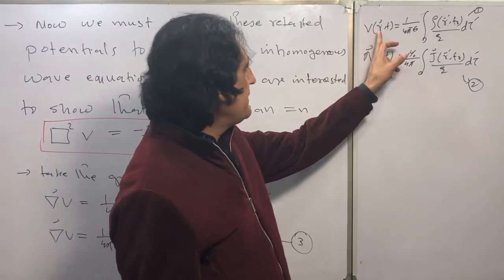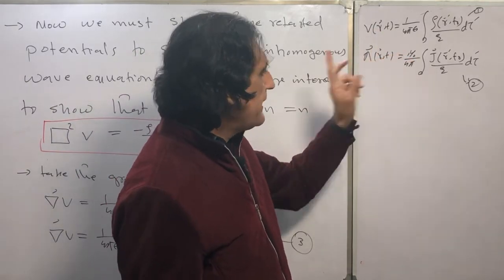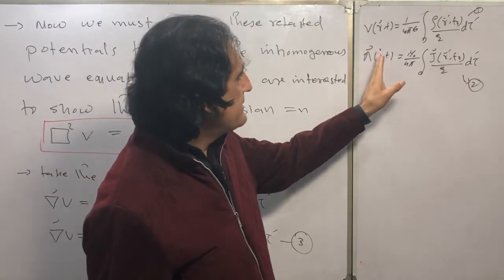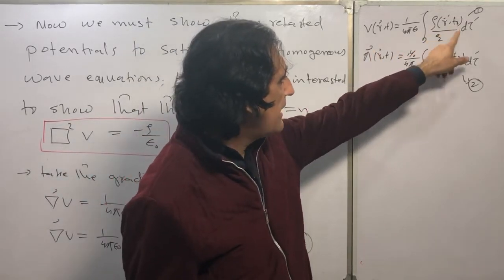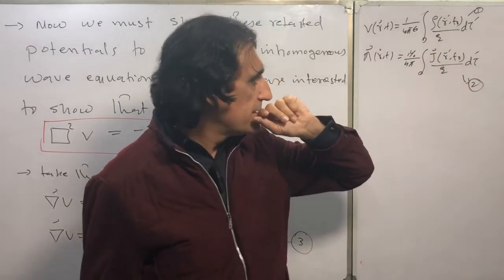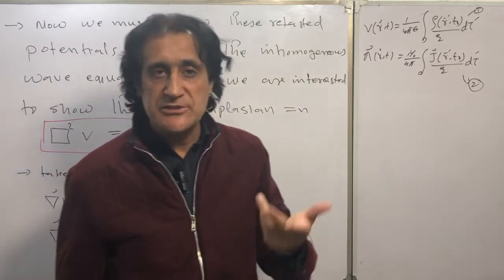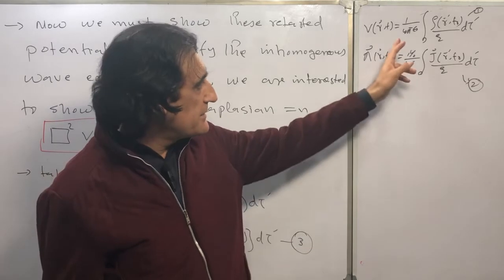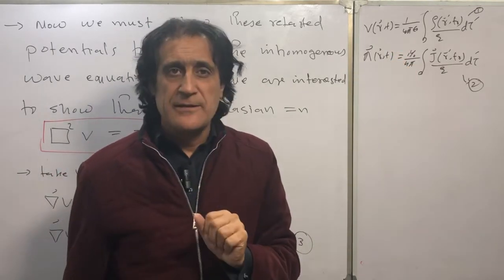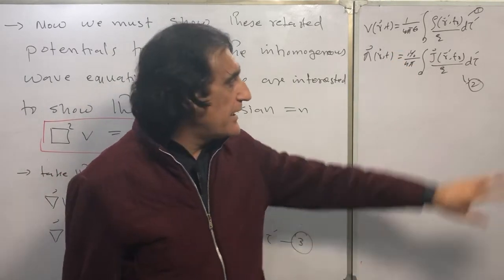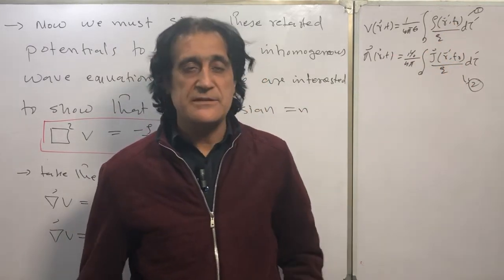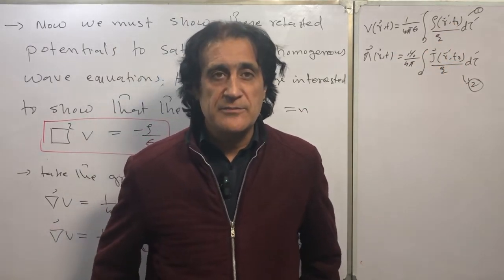Here V and A are the scalar and vector potentials, and these are the retarded tr here and tr here. So this is the generalization, and we can say these are the retarded potentials. But it is not enough to write tr here and tr here and call these the retarded potentials.